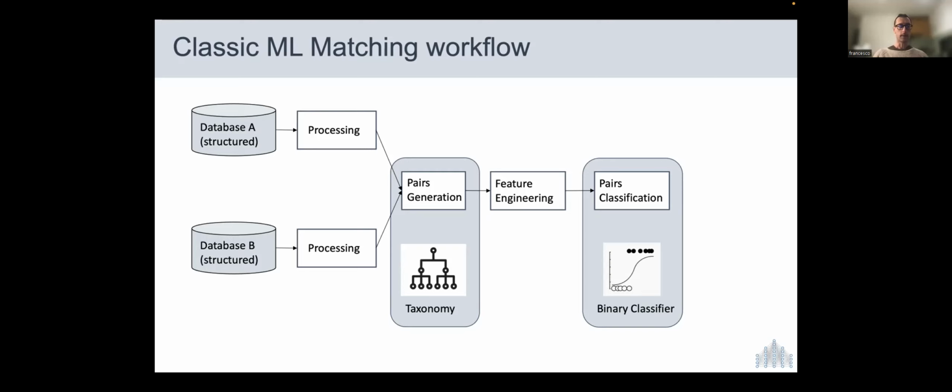So that means that either your data already comes separated with the key attributes, or you have to extract these attributes from the text using, for example, rules or simple entity recognition. But mostly they are manually written rules in order to decrease the errors. The pair generation is usually also simplified, well, I wouldn't say simplified, I would say it is mostly rule-based, based, for example, on taxonomy.